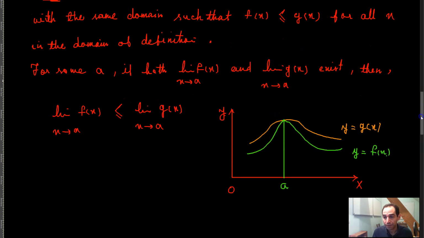Now, the next theorem that we have is theorem number 4, which is called the Sandwich Theorem. What this theorem says is: let f, g, and h be real functions.